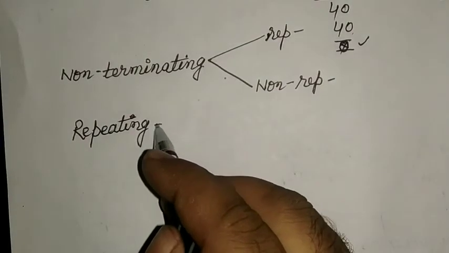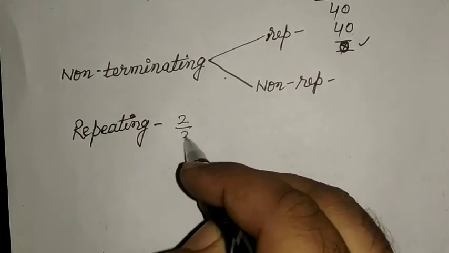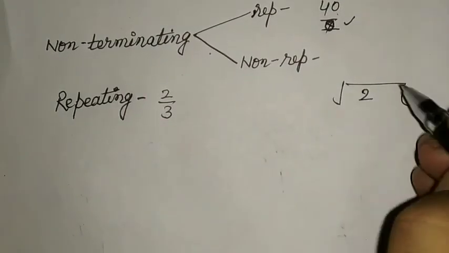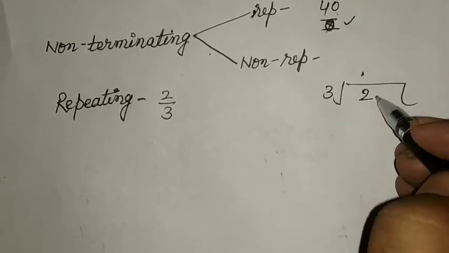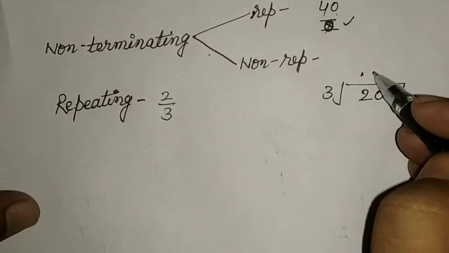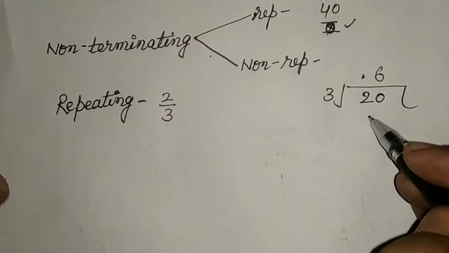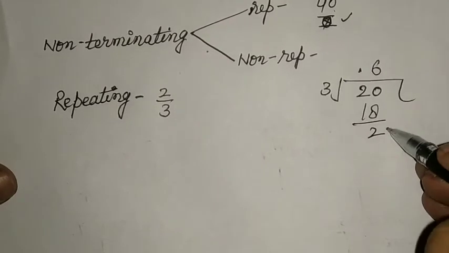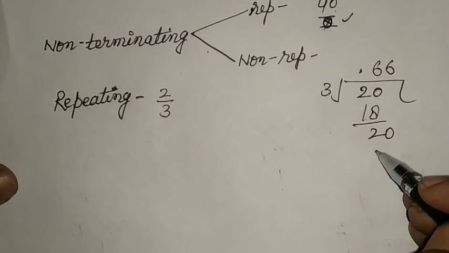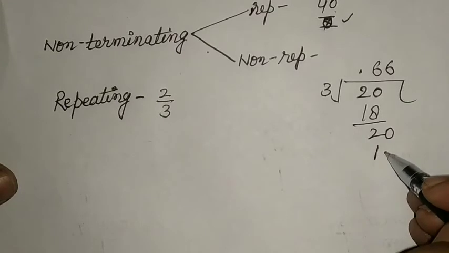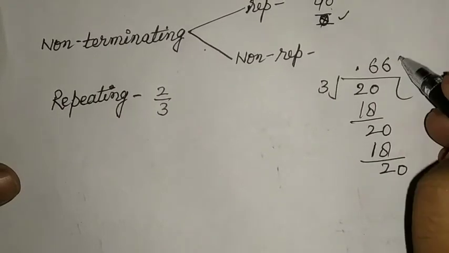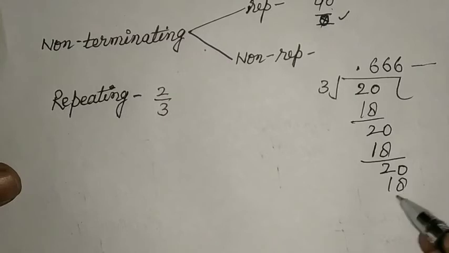Firstly we will see repeating decimal expansion. Here we take the example 2/3. If we divide 2 by 3, what will we get? First we put a decimal and put 0. 3 sixes are 18. Again we get 2 as a remainder. We put 0. 3 sixes are 18. Again we get 2 as a remainder, put 0 again. So you can see 6 repeats again and again.